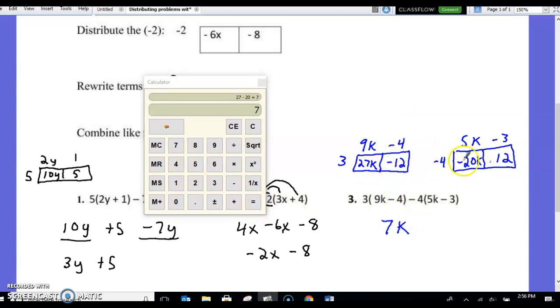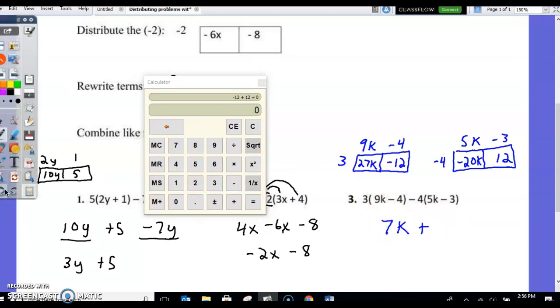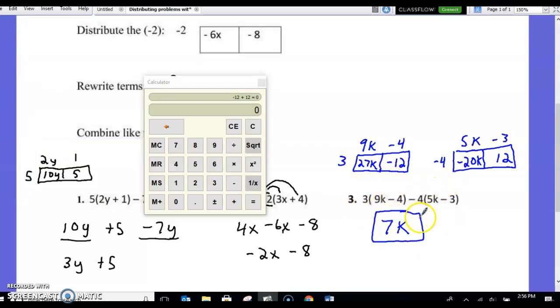Those would combine. And you can see we have a negative 12 and a positive 12. Well, negative 12 plus 12 is going to give us 0. So we can put plus 0 if we want, but all we have to do for our final answer with this one is 7k. So you can see why it's good to simplify sometimes.